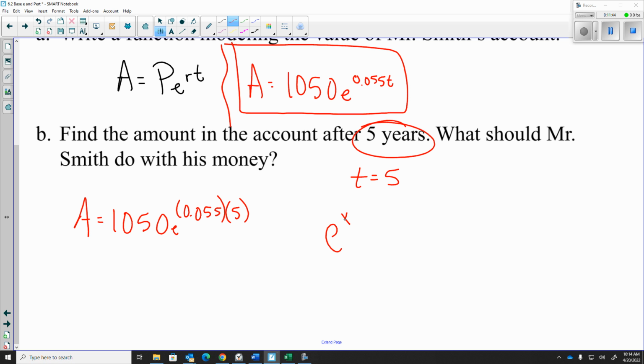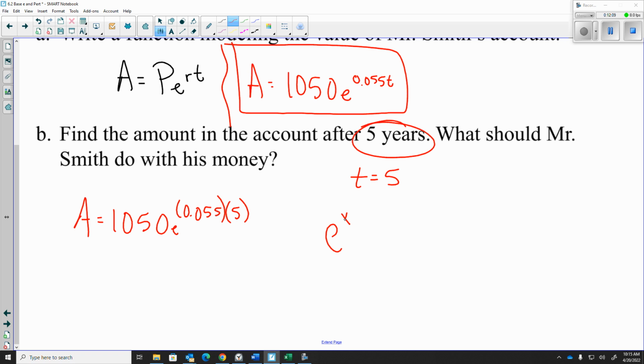You hit that button, put in the power, and it should give you a number. Do not clear the number. Multiply the number by 1050. Multiply these together first, and then do e to that power.